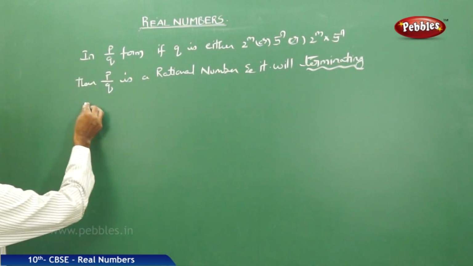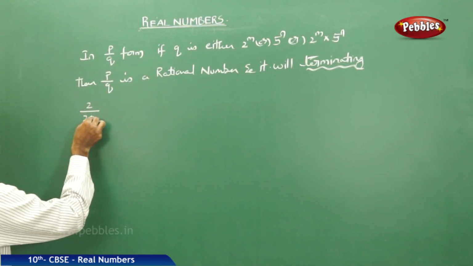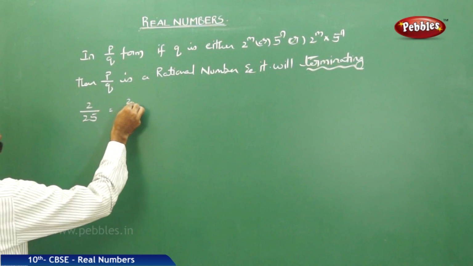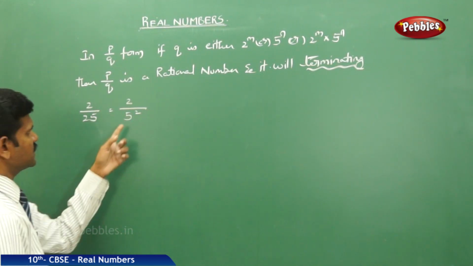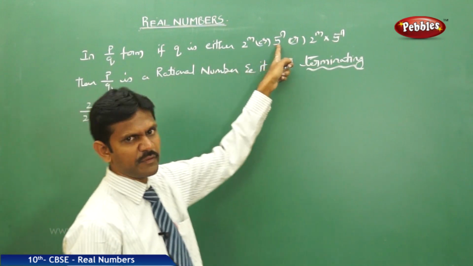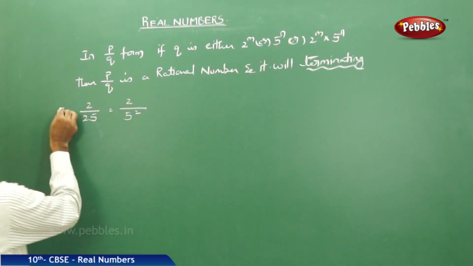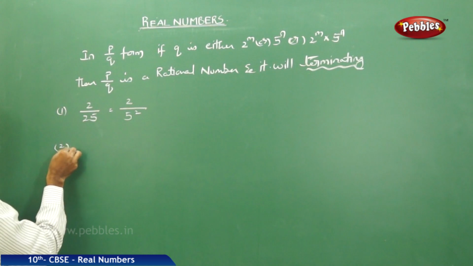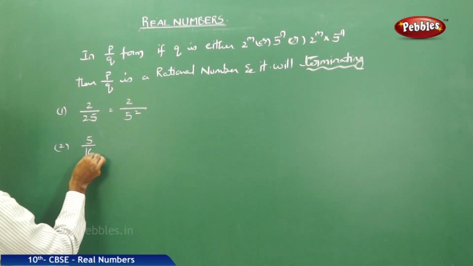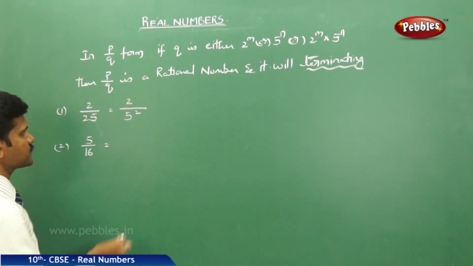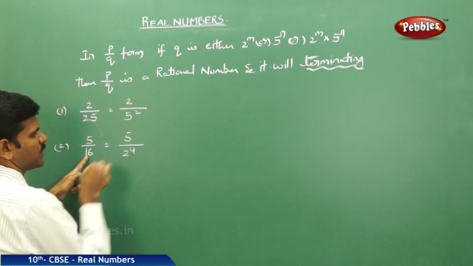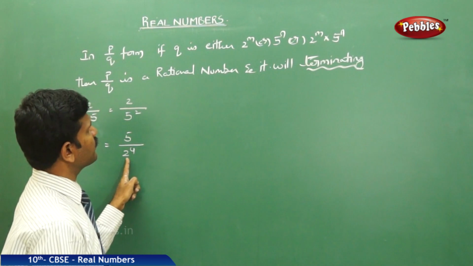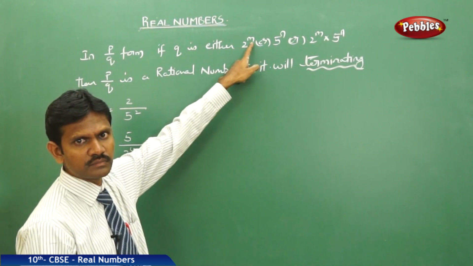Suppose for example 2 by 25, which can be expressed with 5 square, that is of the form 5 power n. Second example, 5 by 16, which can be expressed with 2 power 4, so the denominator is of the form 2 power m.